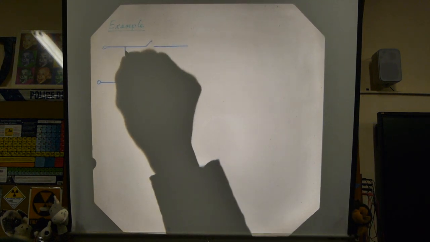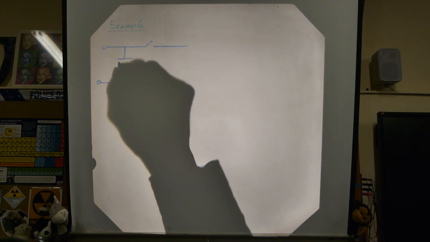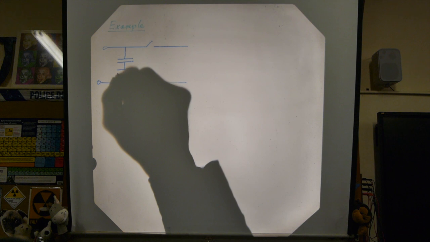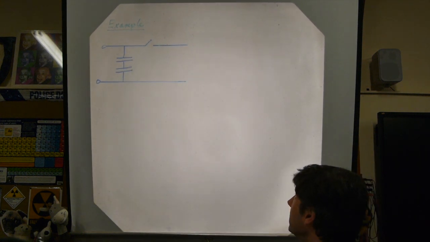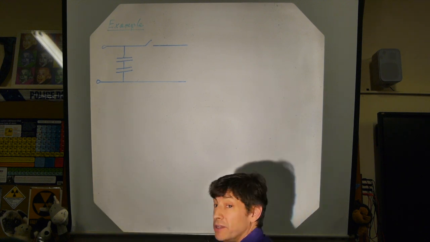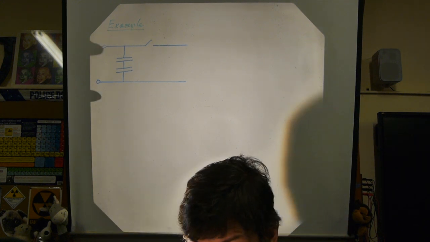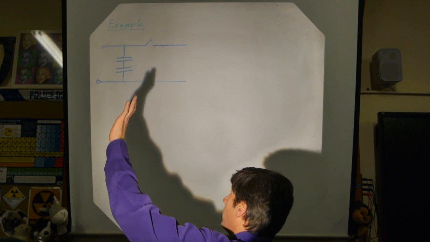So the first thing is, here's where we connected the battery, and it connected across these two capacitors in series. You can see what I'm up to here. So we charged them up, and then we disconnected the battery.